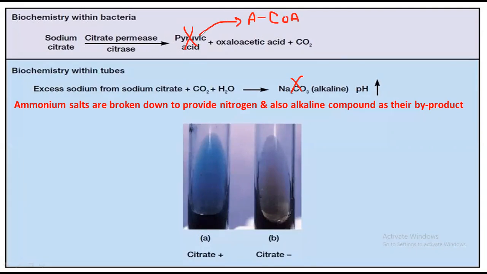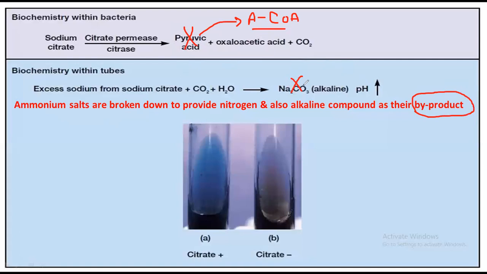So if there is no pyruvic acid, there will be no acetyl CoA, and these ammonium salts cannot be broken down and cannot react with the acetyl CoA, and it will not form any byproduct. This is the very technical condition of this citrate test.